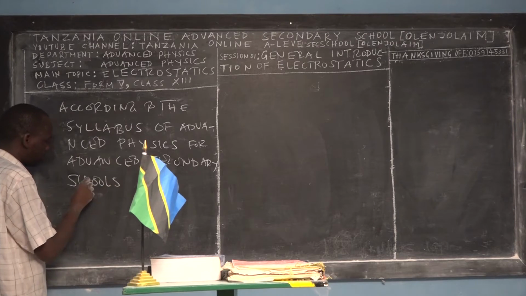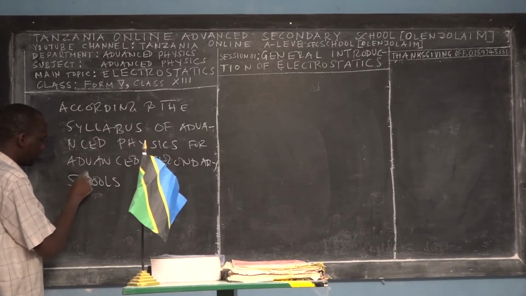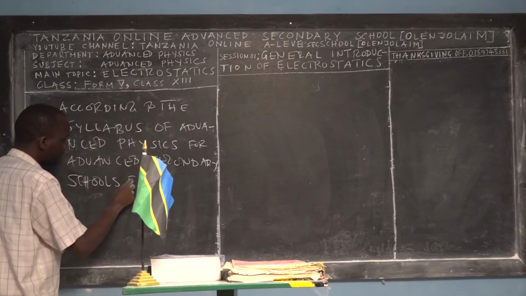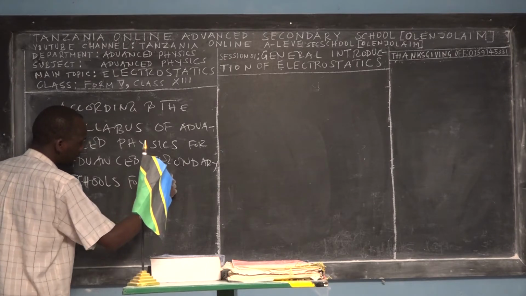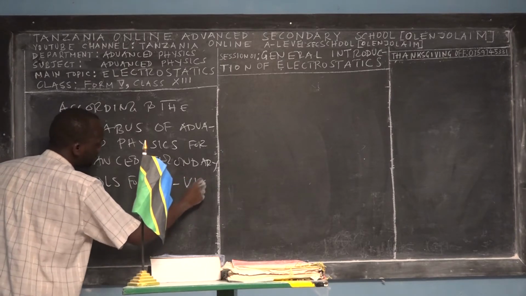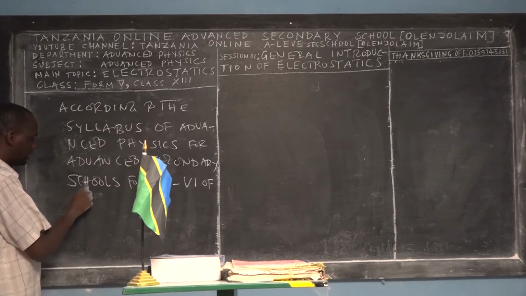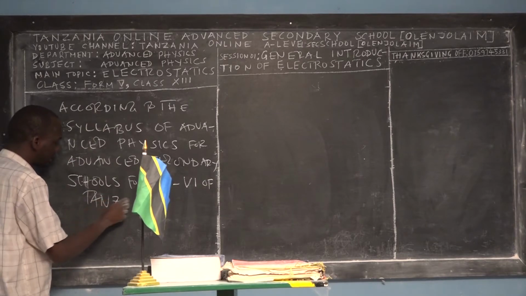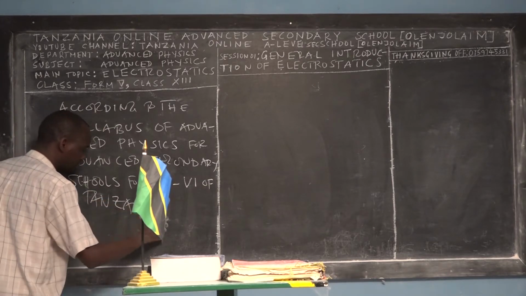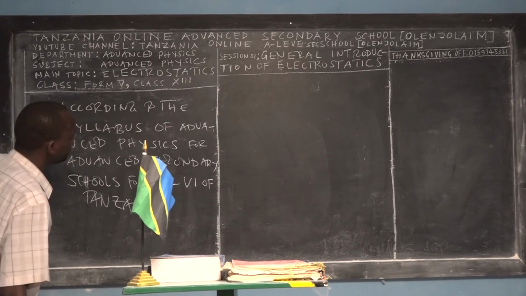Advanced secondary schools, Form 5 to Form 6 of Tanzania. I say you have to start writing what I'm writing, of Tanzania. Okay?